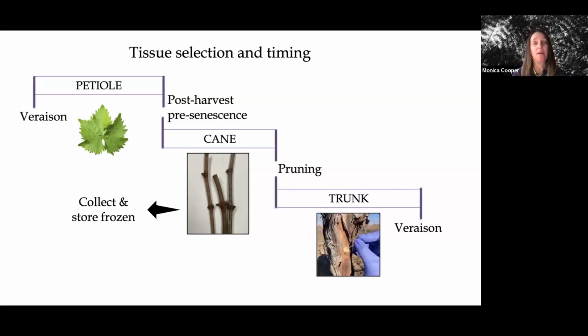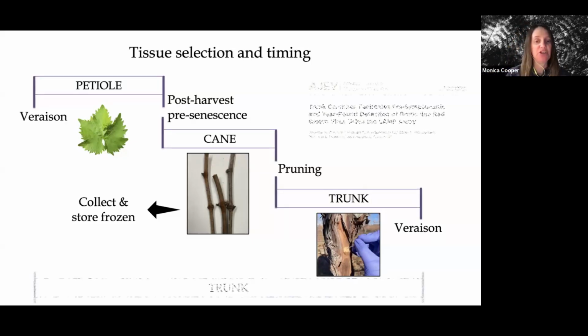Once those canes are pruned off, getting ready for the next growing season, then we start using the trunk tissue. So between pruning and the onset of ripening is when we use trunk tissue because that's the most reliable tissue for the assay at that period of time.